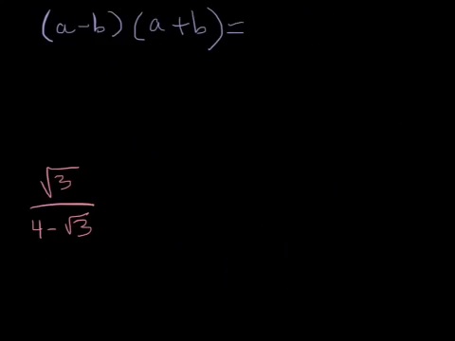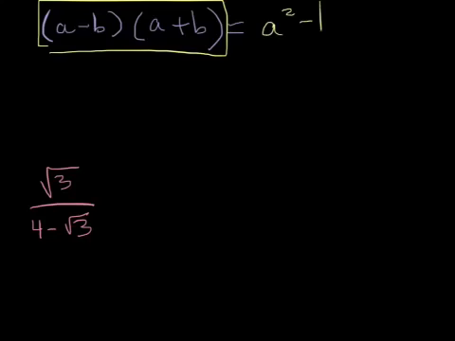Now sometimes we don't have a monomial radical, but a binomial radical in our denominator. So how are we going to deal with that? Well, before we look at that, let's take a look at this product. A minus b times a plus b, when we multiply them, will of course give us a squared minus b squared.